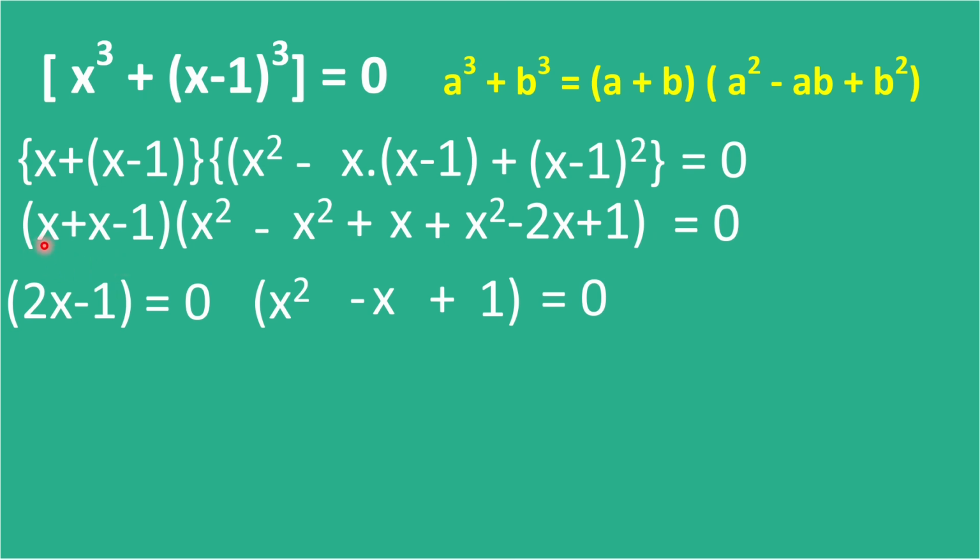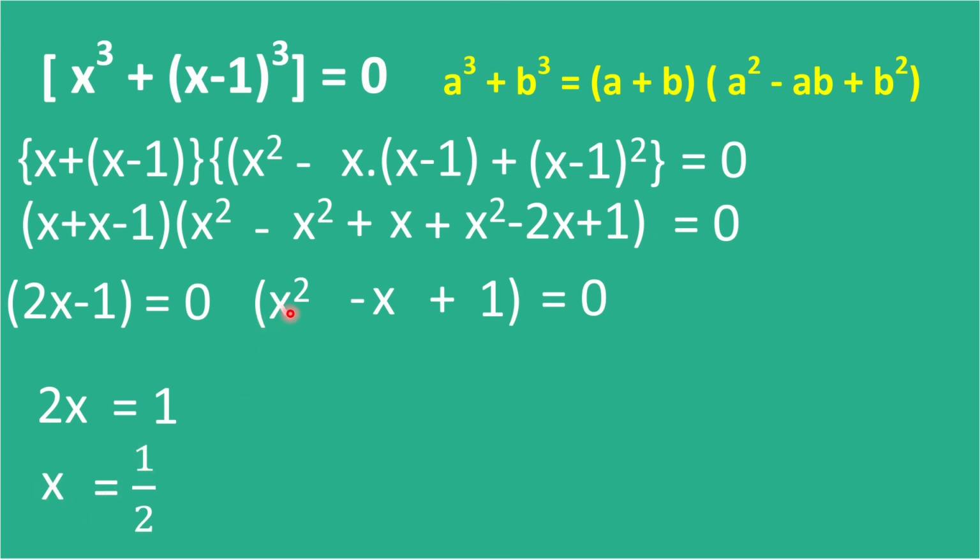So basically we have compared this value with 0 and then this value with 0, so we can compare these two values separately with 0. And then this 2x minus 1 means that 2x equal to 1, and then x equal to 1 divided by 2. So this is another root of this question, which is equal to 1 divided by 2.